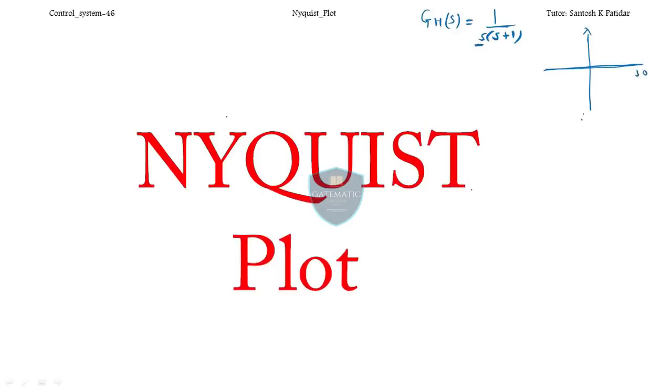S equal to 0, S equal to 1, S equal to 2, and S equal to 3. When S equal to 1 is there, it will start from this, and this is the polar plot for the system. If I talk about the Nyquist plot, what will happen, just double of this will come like this.